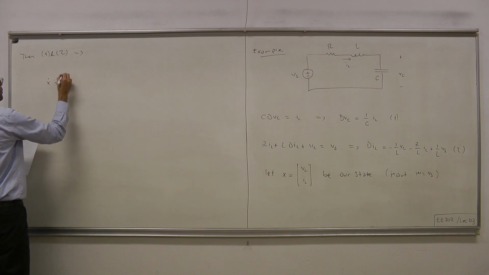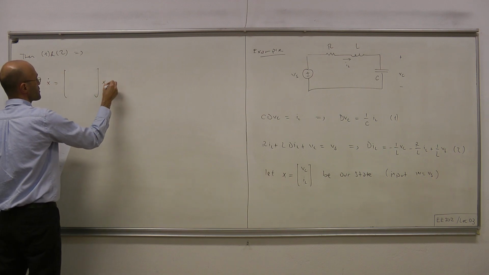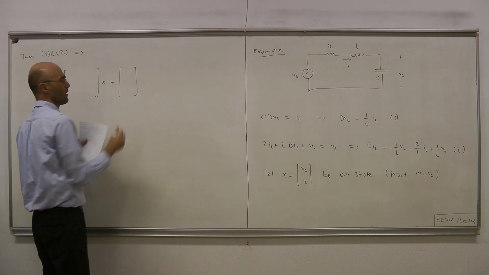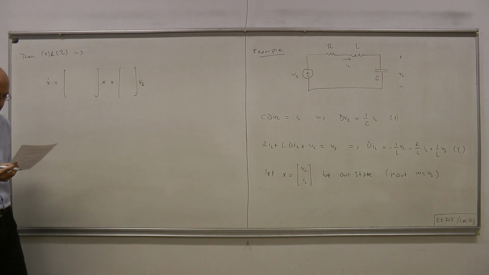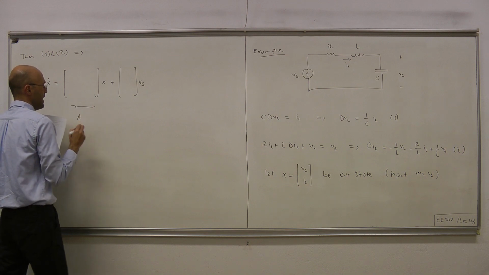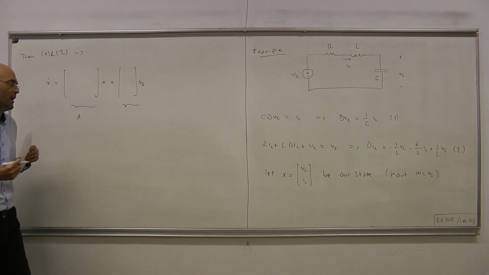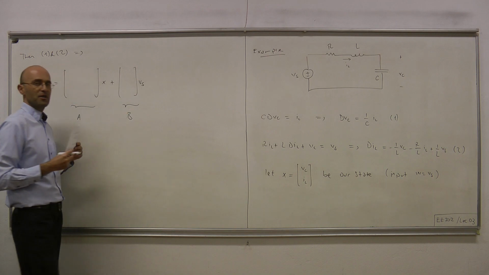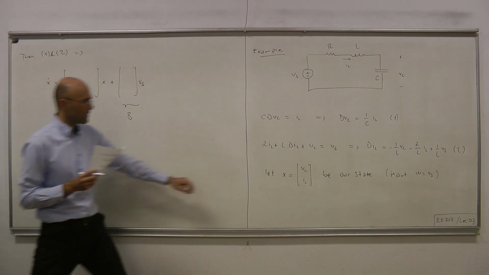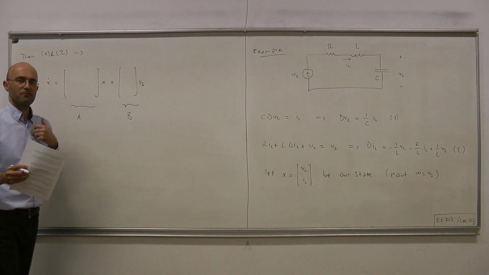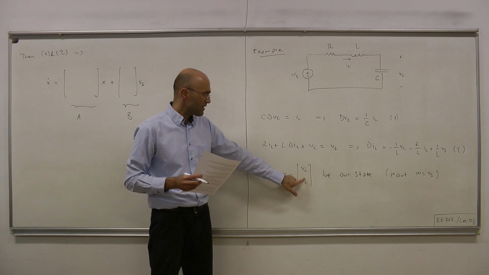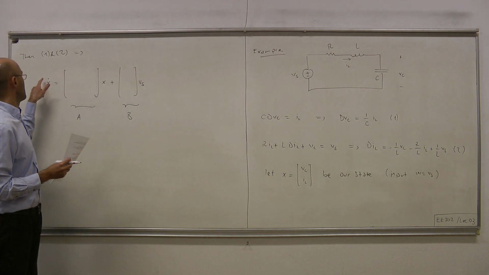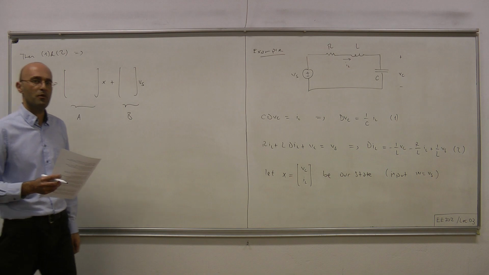X dot equals A X plus B W, and W in this case is simply Vs. This is our A matrix in the state equation, and this is our B matrix. X is this vector VC, IL because that's how we chose it. X dot is simply VC dot and IL dot. Remember this notation. Dot notation means derivative with respect to time.